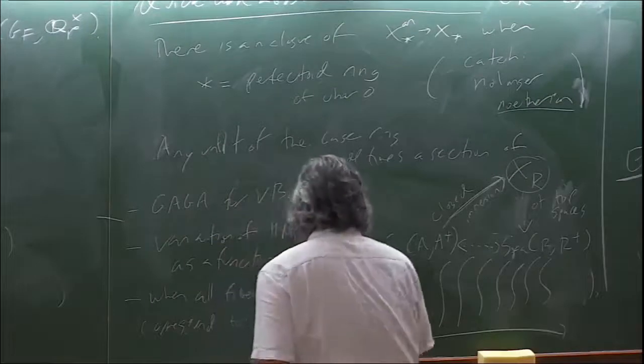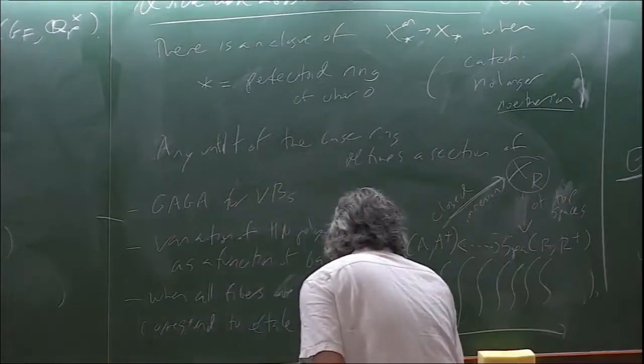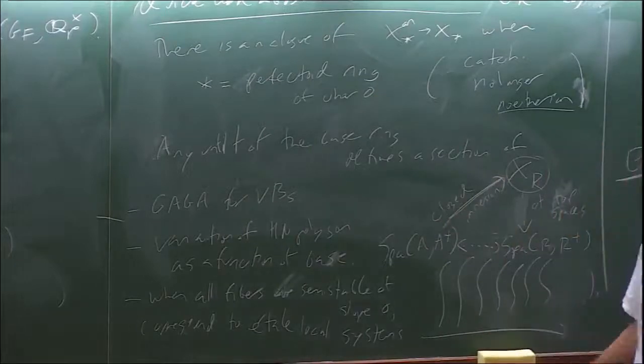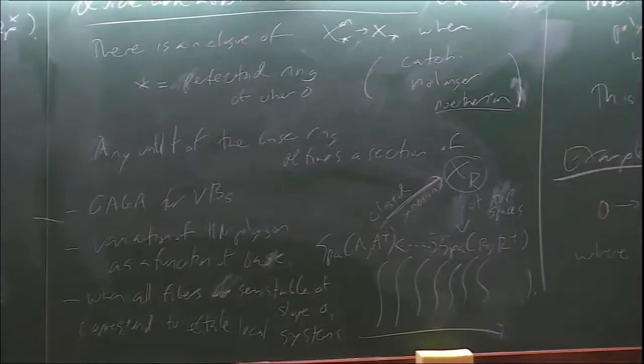The analog in this picture are étale local systems, essentially representations of the fundamental group of the base. That's what plays the role of the Galois group. So there is this whole relative picture, which works quite nicely in concert with the absolute picture.